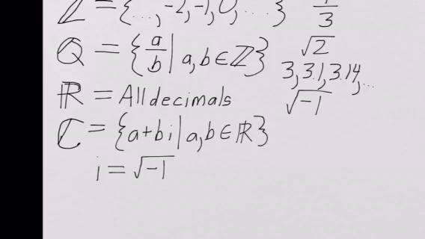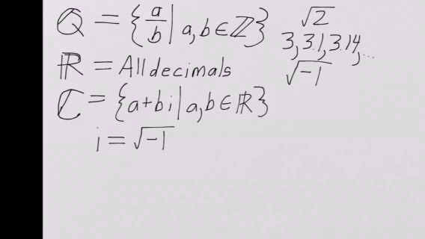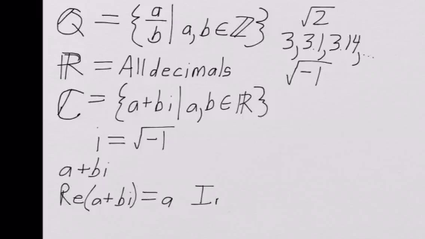Then some terminology. If I give you the number A plus BI, if I ask you for the real part, abbreviated RE, of A plus BI, that would simply be A. And if I ask you for the imaginary part of A plus BI, for our purposes, we're going to call that B. Now, there are some places out there that will say the imaginary part is BI.